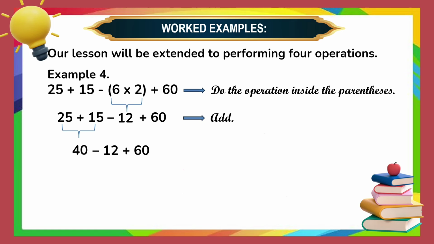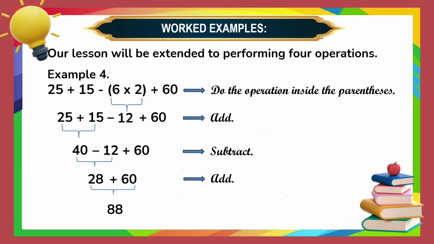Then continue by subtracting 40 minus 12. The answer is 28. And then bring down plus 60. So we will add 28 plus 60. The answer is 88. That's the final answer.